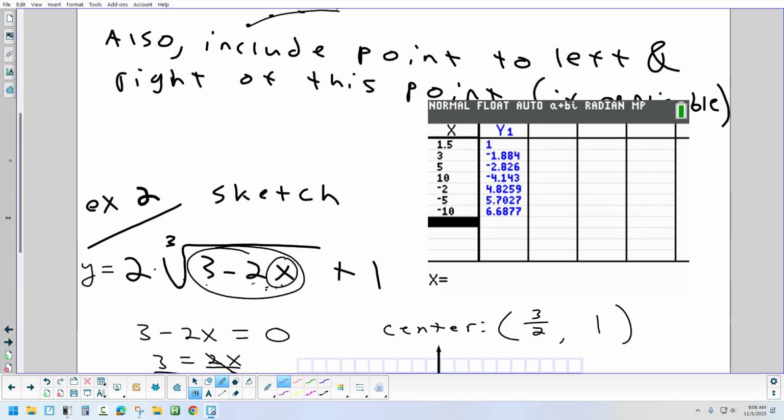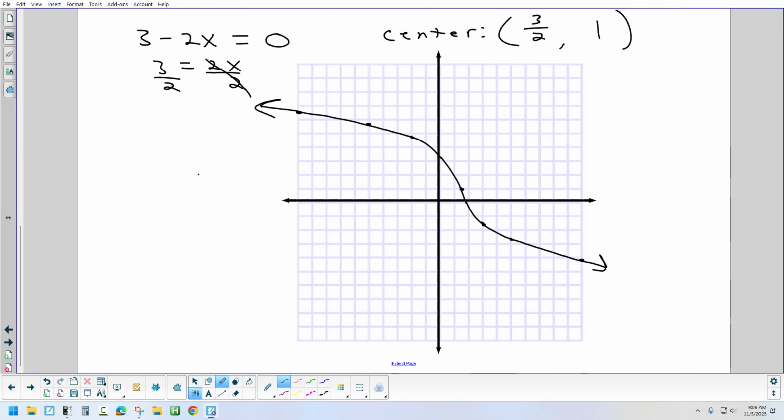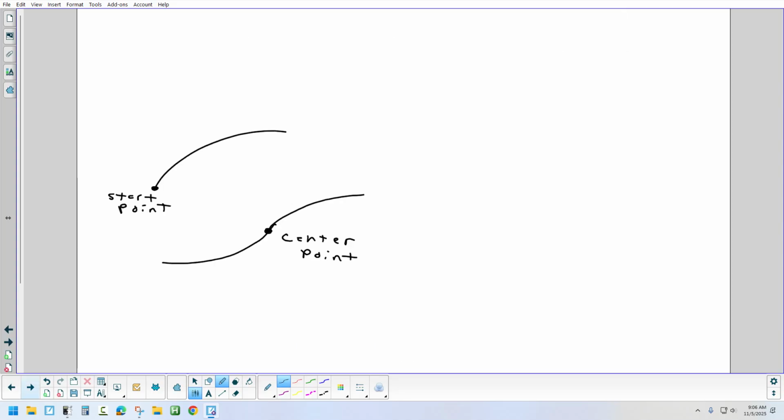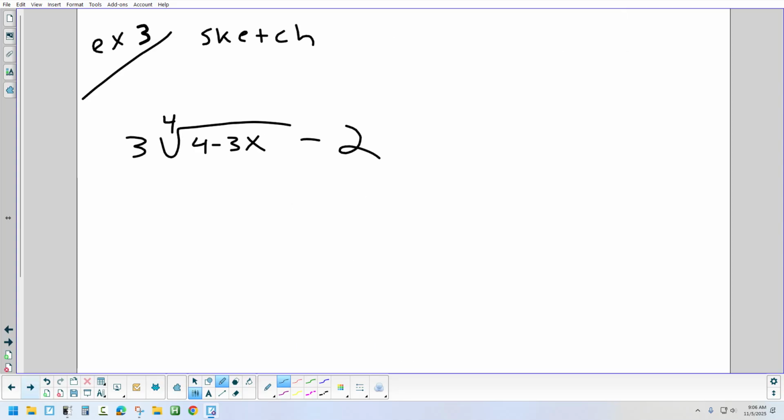All right. Any question on that one? Okay, so that's sketching an odd root. Now let's try sketching an even root.